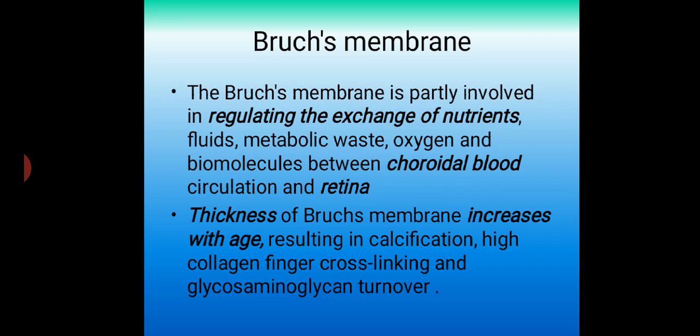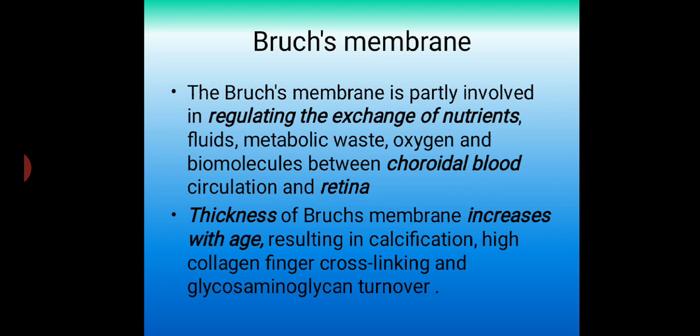As we know, the retina is one of the most important parts of the eye, which helps in vision. Bruch's membrane has a main role in the transportation of nutrients, removal of waste, and transportation of oxygen into the retina through the choroidal blood circulation.